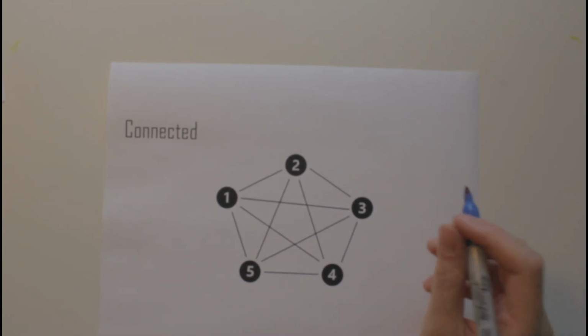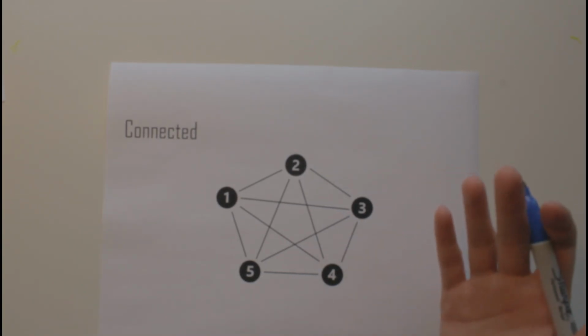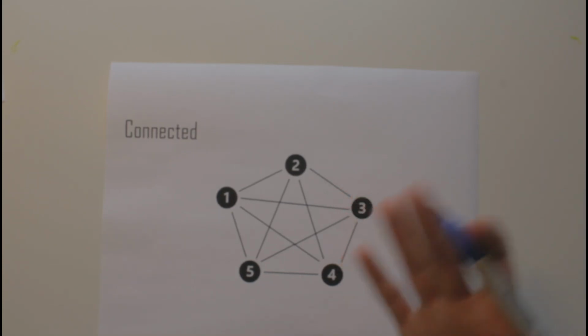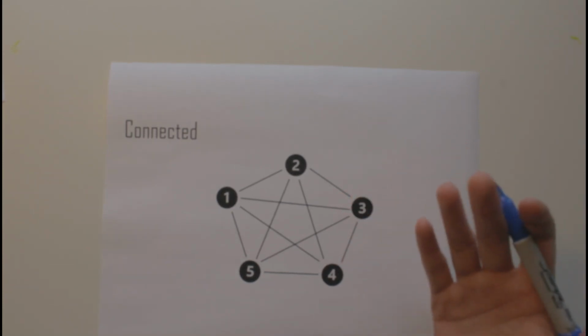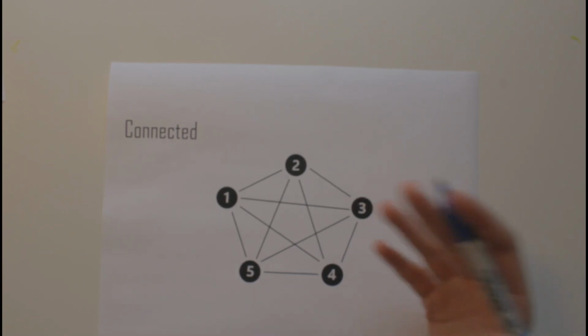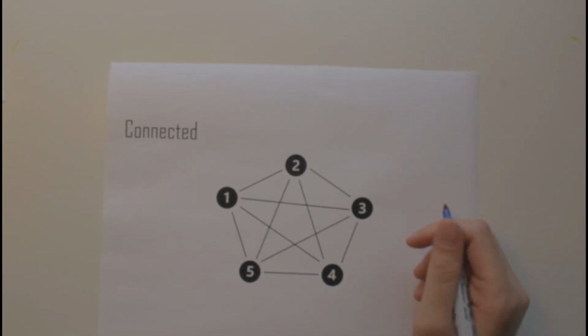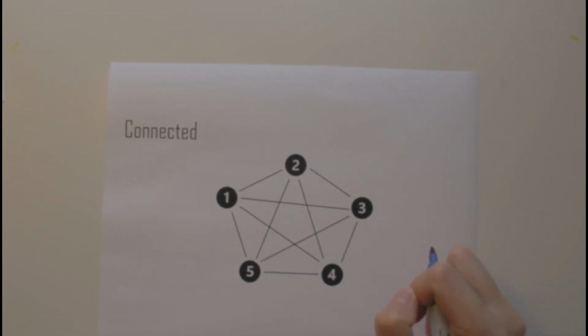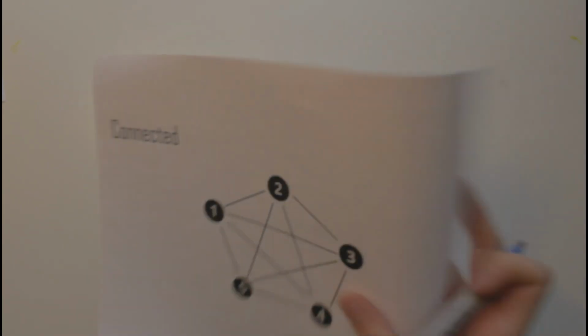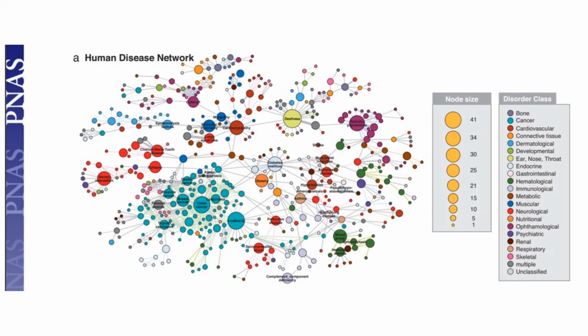Using these concepts, we can apply them to larger scale networks, so we can understand their structure, and thus better understand real-life complex systems. An example of a real-life complex system is the Human Disease Network, which was published in PNAS in 2007.